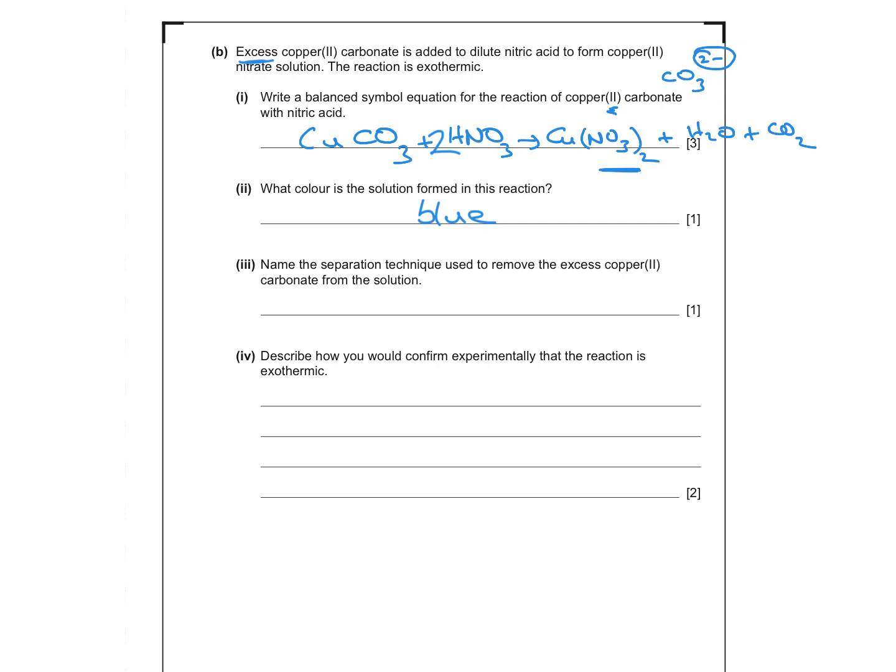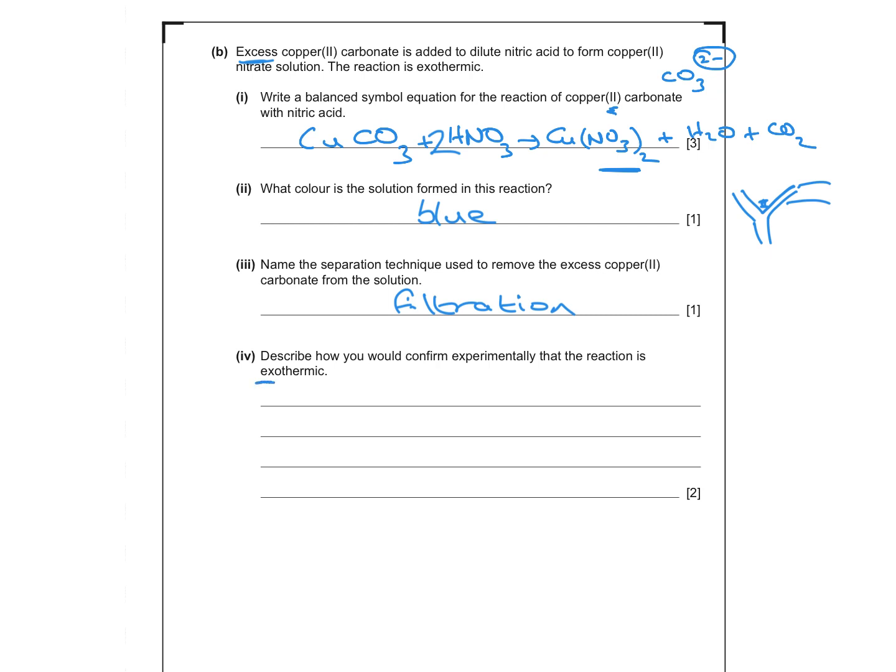Now we've got to remove that carbonate, and we would use this apparatus. So here we've got filter paper. This is a filter funnel, and then the excess copper 2 carbonate will get trapped in the filter paper. So this technique is known as filtration or filtering. Part 4.